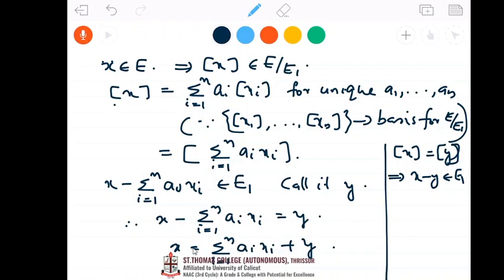This y is in E1 because the left hand side belongs to E1, so the right hand side is also in E1. Now, we have to prove the uniqueness of such an expression.